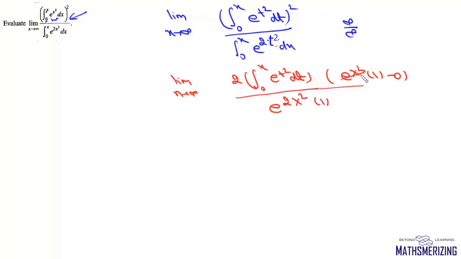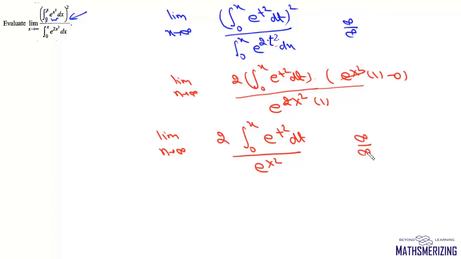Now here e to the power x square and e to the power 2x square will cancel, so we'll get this as limit x tends to infinity, this is 2, this integral from 0 to x e to the power t square dt upon e to the power x square, which is infinity upon infinity form.